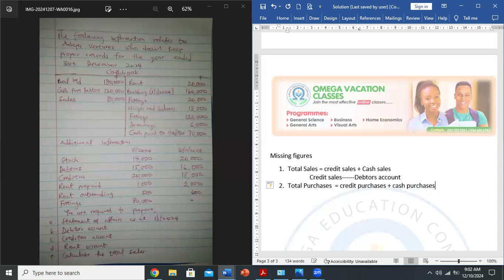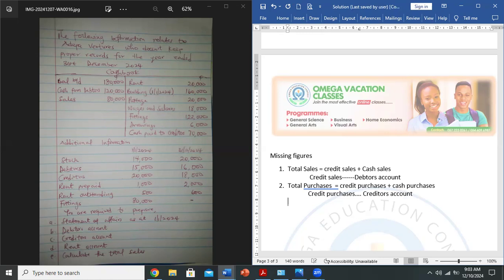The beauty of it is that the cash purchase and cash sales will be given to you in the question, right? But for the credit purchases, you may have to prepare your creditors account. So if you want your credit purchases, you have to prepare your creditors account. And we've seen how to prepare the debtors account and creditors account.